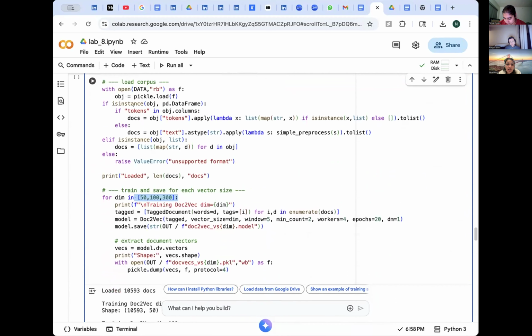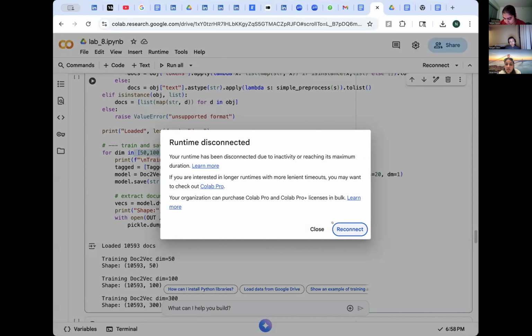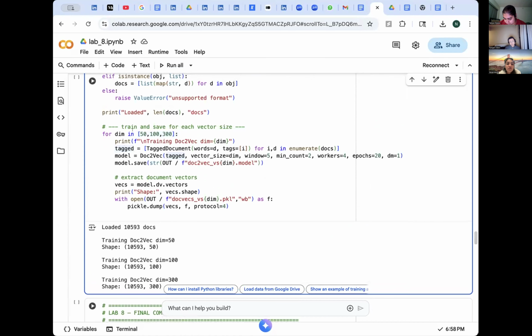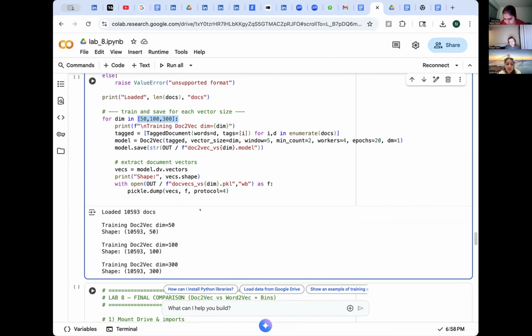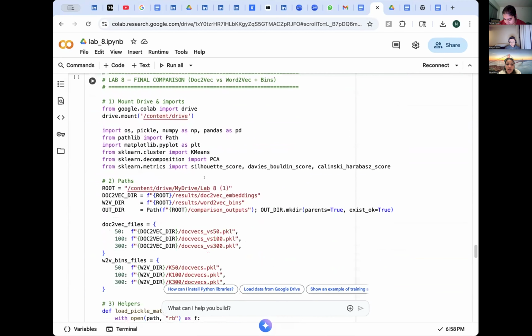We first tokenized the documents. We also chose the configurations for the vectors to be of size 50, 100, and 300 so we could compare, which we will be doing later. So this was for Doc2Vec.